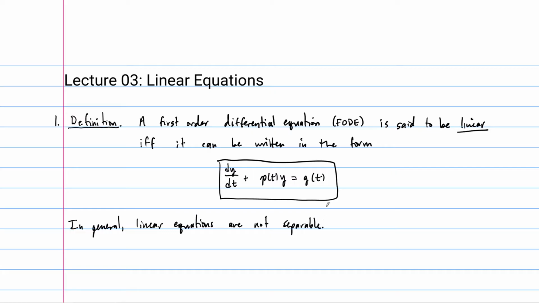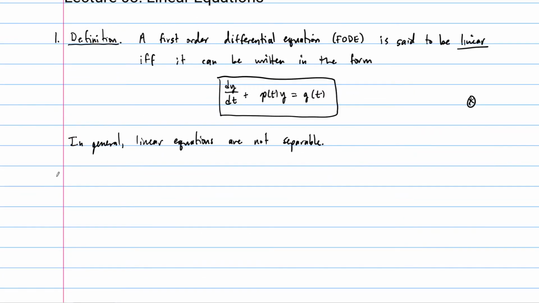But there are ways to make this equation separable, or at least to take advantage of some parts of it that are separable. We're going to derive a solution for this general equation one way, and then do some examples, and at the end we'll talk about a second way to derive the general solution to a linear equation. All right, so let's get right into it.